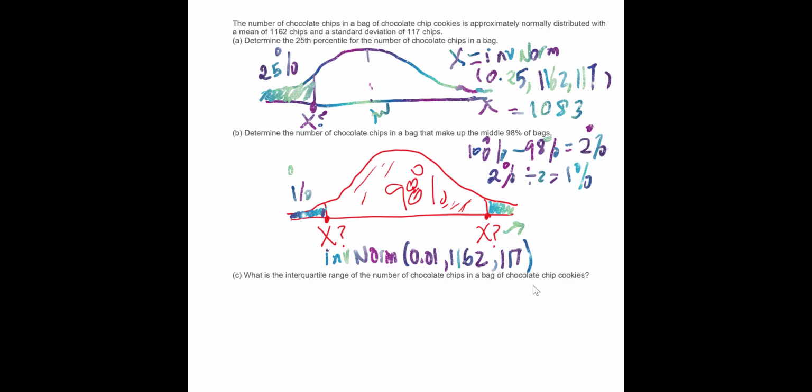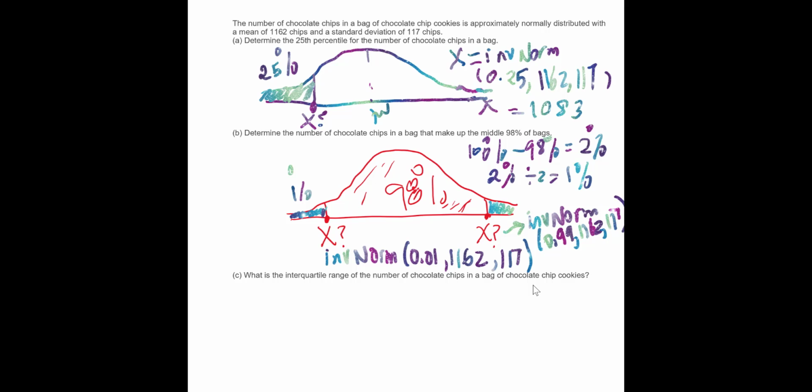So always the 0.01 and whatever area you use in the second one must add up to 1. So it will be inverse norm 0.99, comma 1162, comma 117, and close parentheses. And this is how you get the middle 98% of bags.